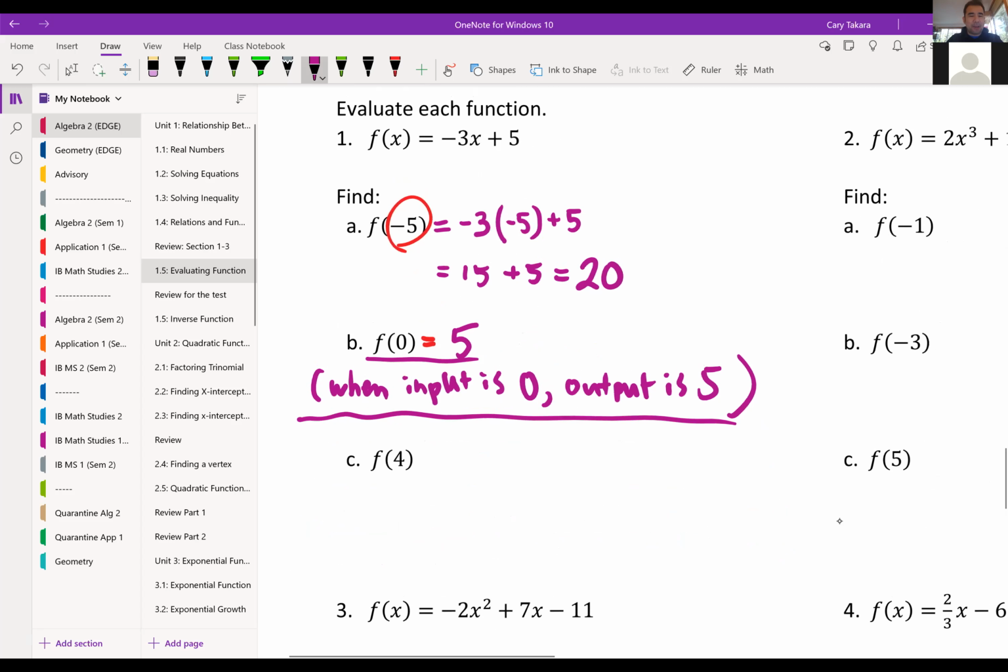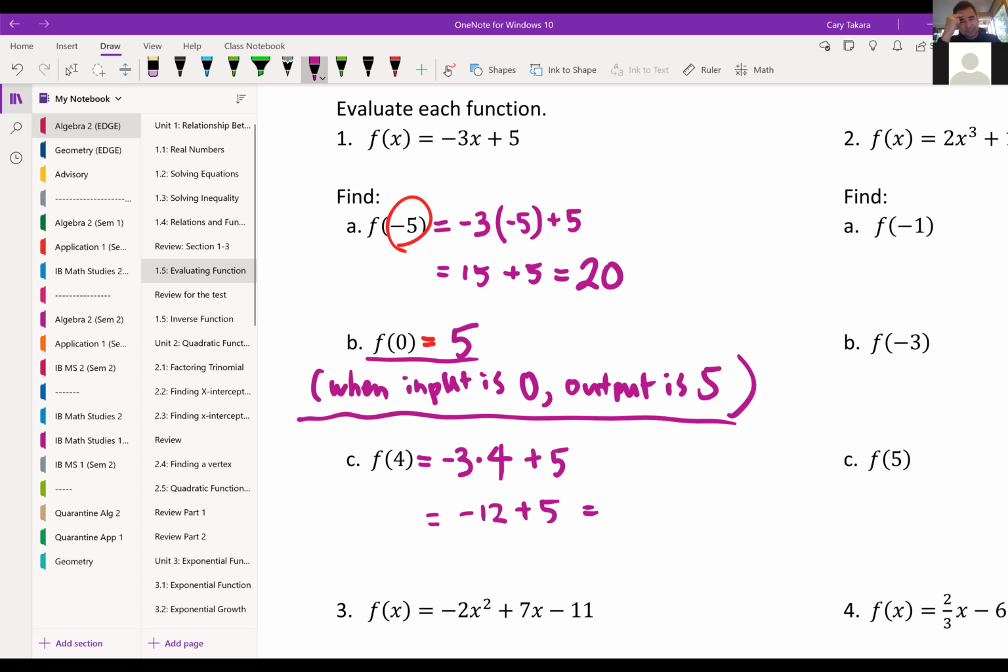Next, how about f of 4? Maybe some of you are already done. Now this one, let's write it down. -3 times x becomes 4, right? -3 times 4 plus 5. It's -12 plus 5.